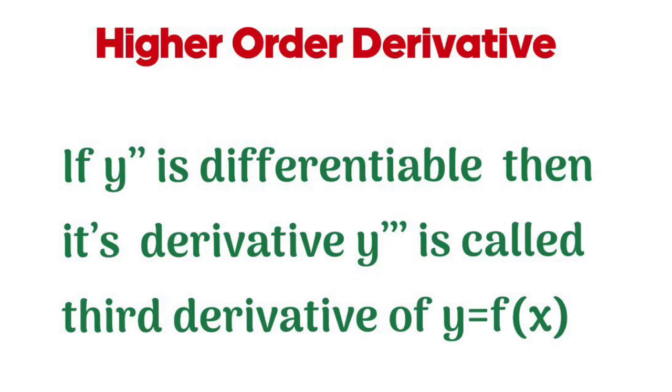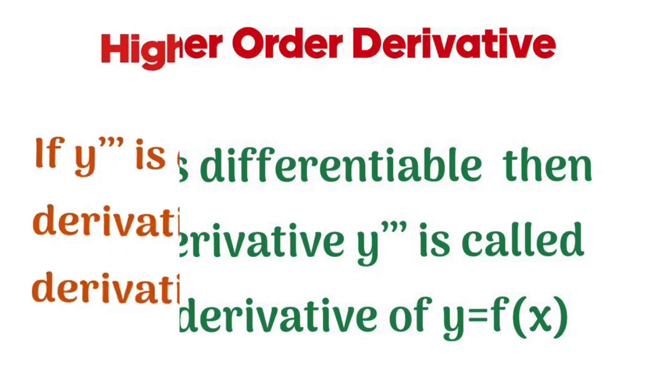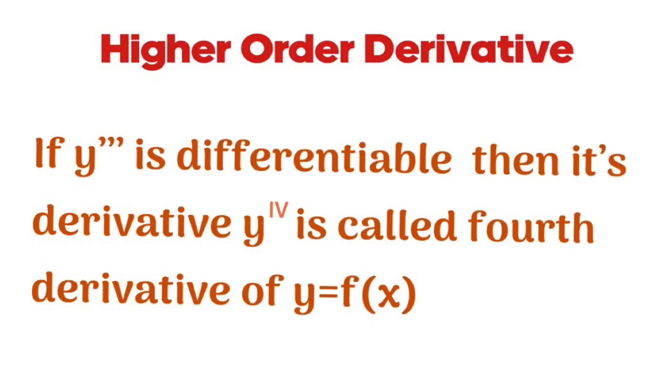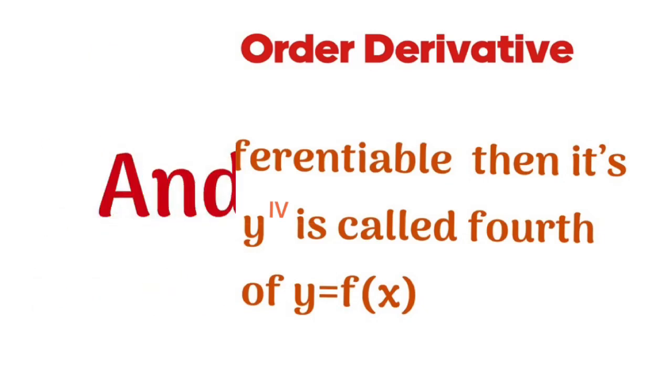And if y double dash is differentiable, then its derivative y triple dash is called third derivative of y equals to f of x. If y triple dash is differentiable, then its derivative y raised to 4 is called fourth derivative of y equals to f of x, and so on.